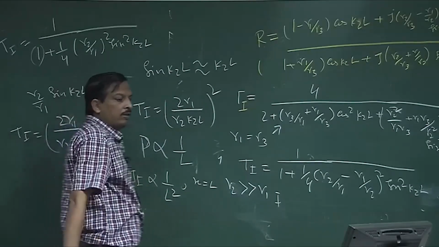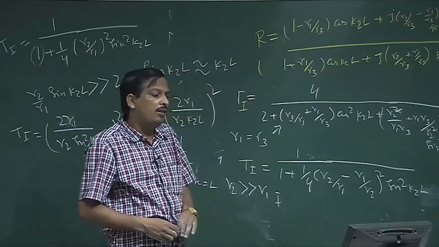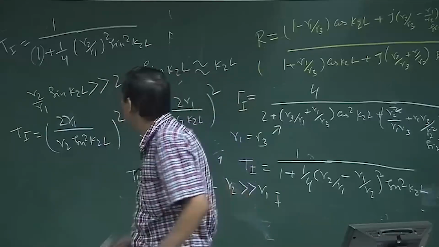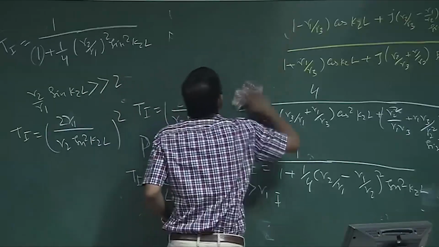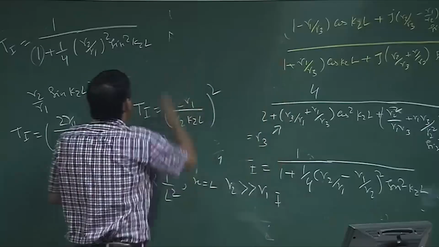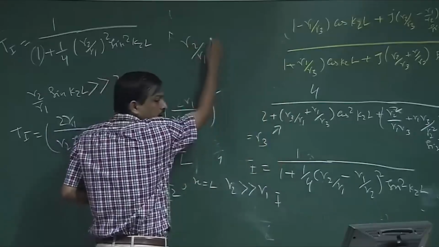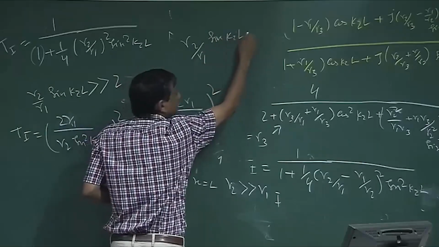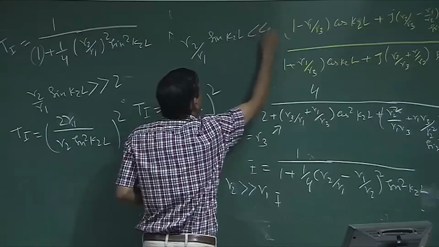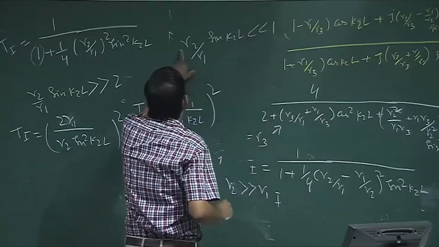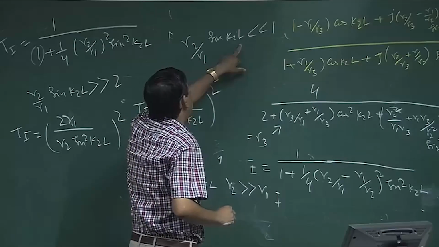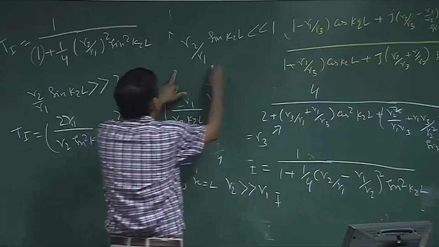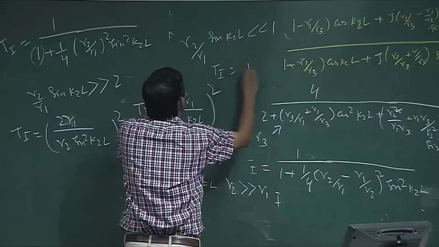Okay. For a thin plane or low frequency, the other condition is that if R2 by R1 into sin K2L is much less than 1, then Ti will be 1.